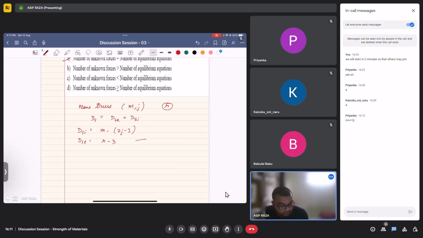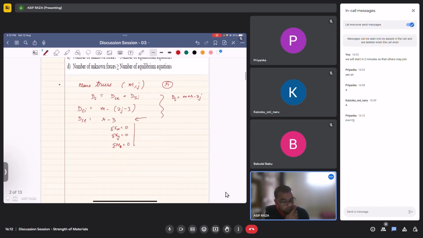Here r is the number of unknowns and 3 is the number of equilibrium equations we normally have in the plane truss case: sigma Fx equal to 0, sigma Fy equal to 0, and moment about z equal to 0. When you add these, you'll get DS equal to m plus r minus 2j.